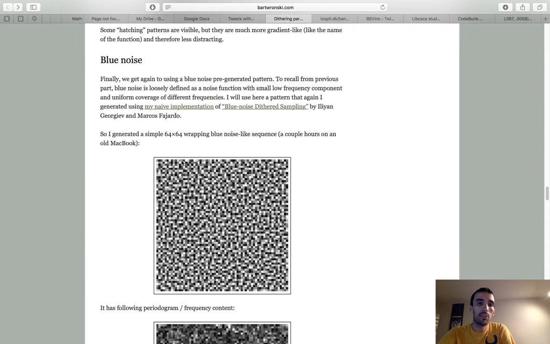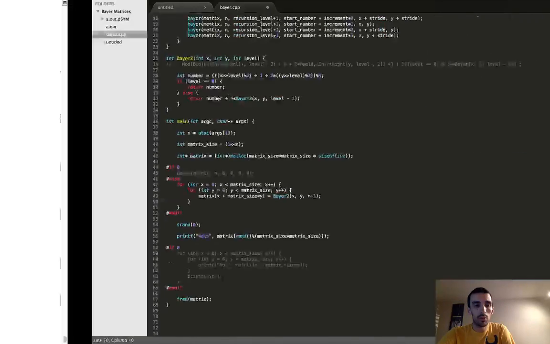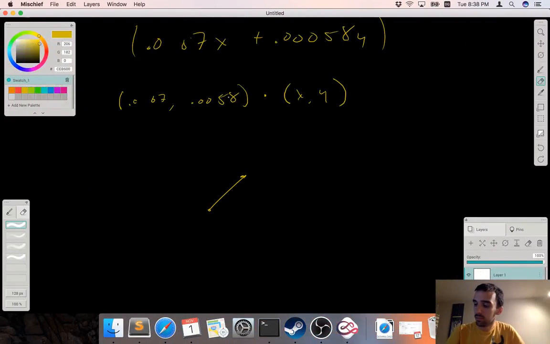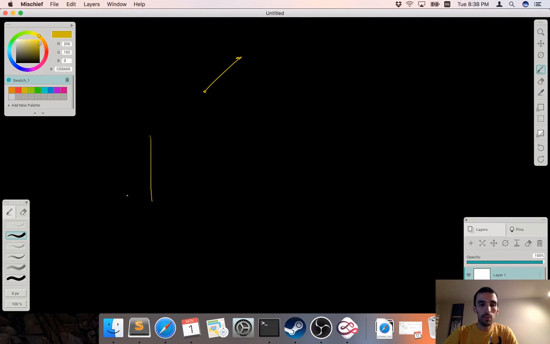So let's see. To recall from the previous part, blue noise is loosely defined as a noise function with small low frequency component and uniform coverage of different frequencies. That's right. In other words, if we look at blue noise in our frequency domain, all of your frequencies are on the high end.